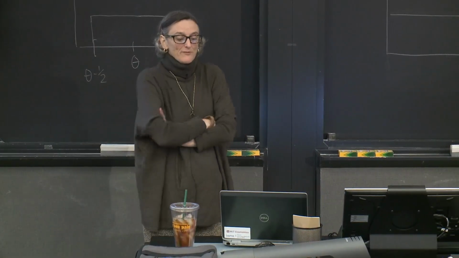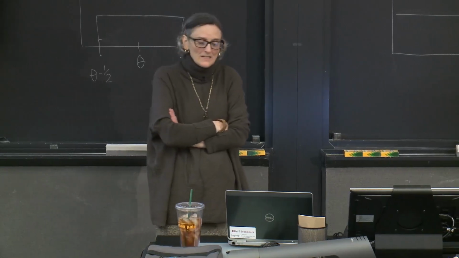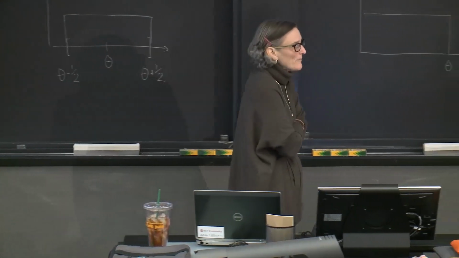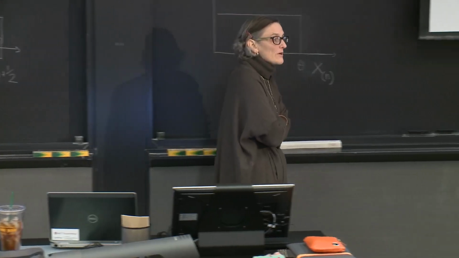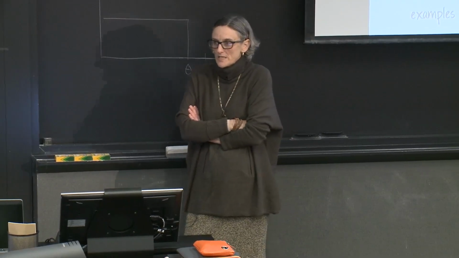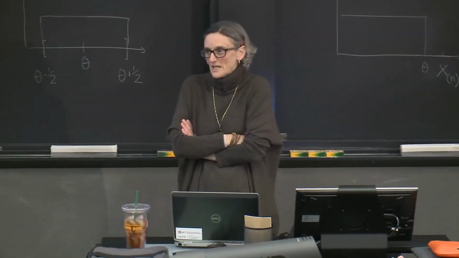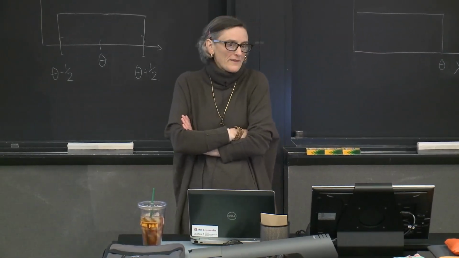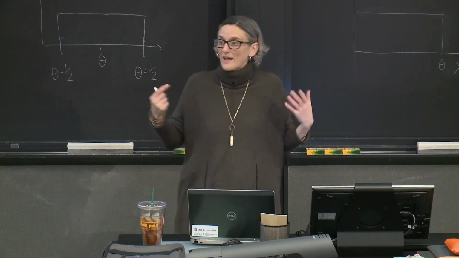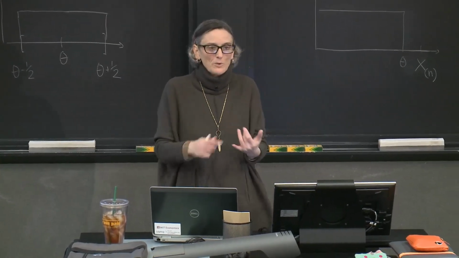Then we started talking about functions of random variables. So we saw one basic strategy for figuring out the distribution of a function of random variables. And then I went through several important examples. I think it's useful to go back and be comfortable with the examples. So what were some of the examples that we went through?